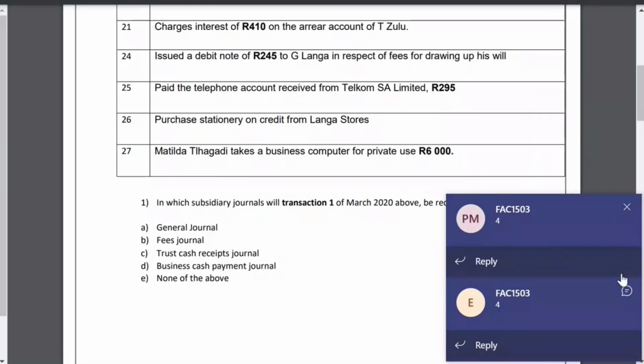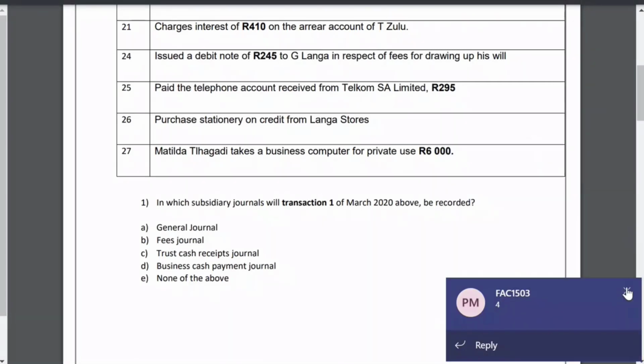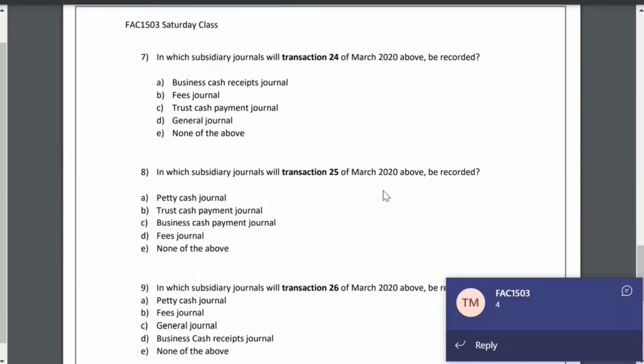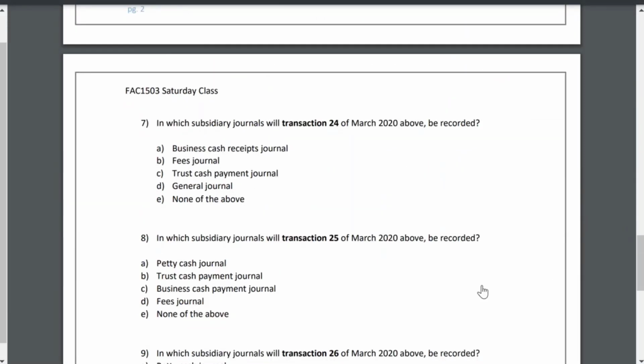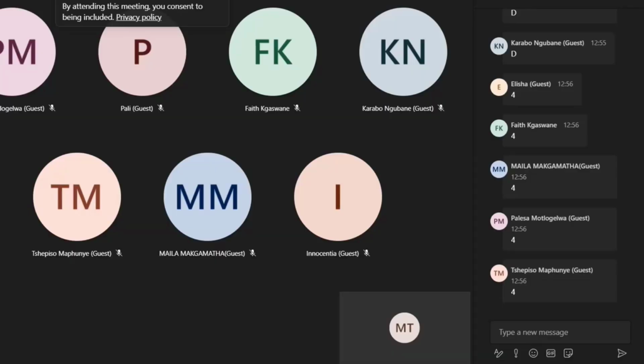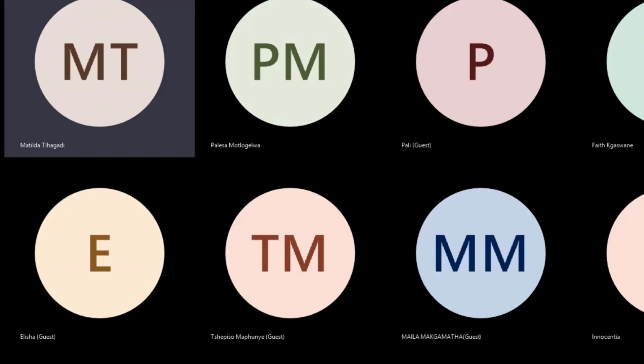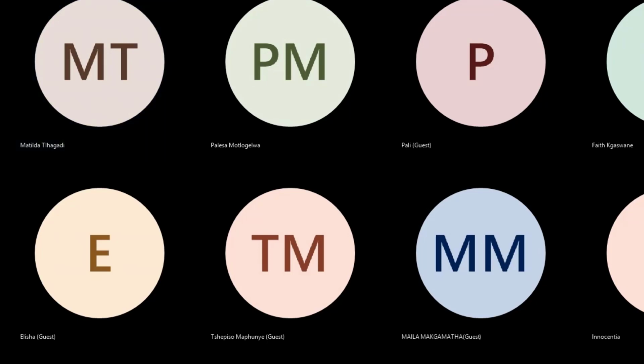Bullet point number 4. Well done, guys. Well done. I am so impressed. Well done.